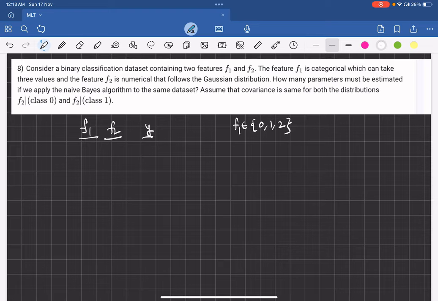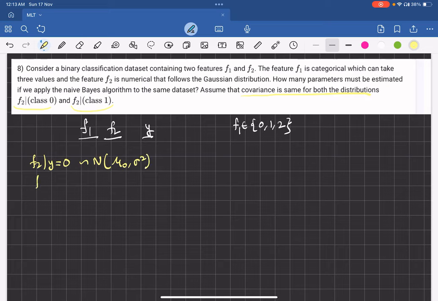The question says how many parameters must be estimated if we apply the naive Bayes algorithm to the same data set. Assume that the covariance is the same for both distributions, f2 given class 0 and f2 given class 1. So f2 given y equal to 0 follows a normal distribution with mean mu naught and variance sigma square.